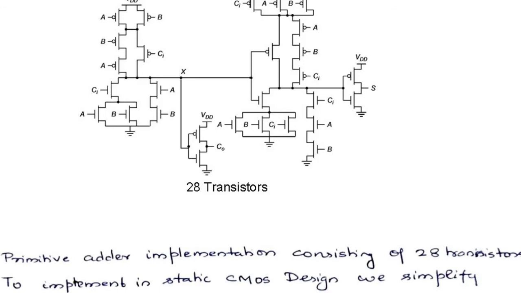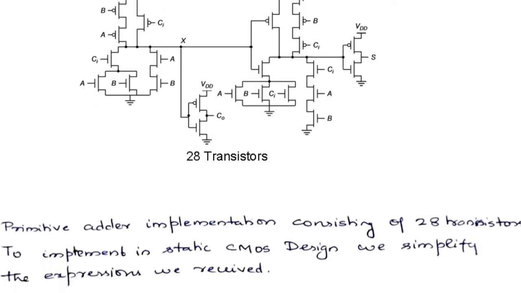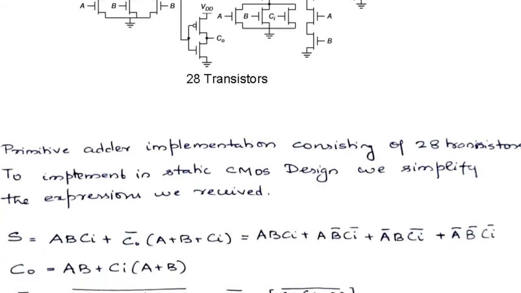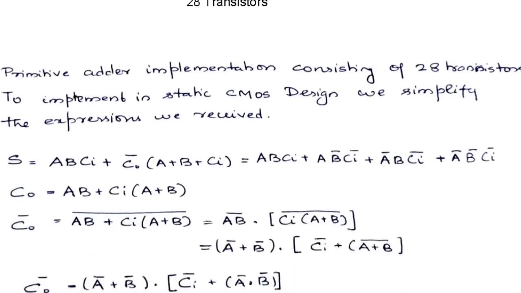So the sum expression, as we all know, is A XOR B XOR Cn, which in an expanded form becomes AB Cn plus A B bar Cn plus A bar B Cn plus A bar B bar Cn.